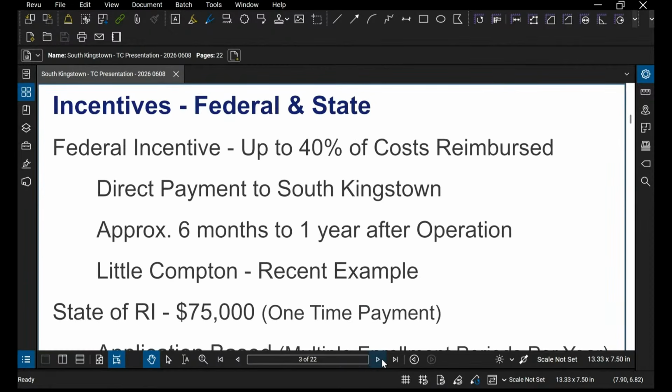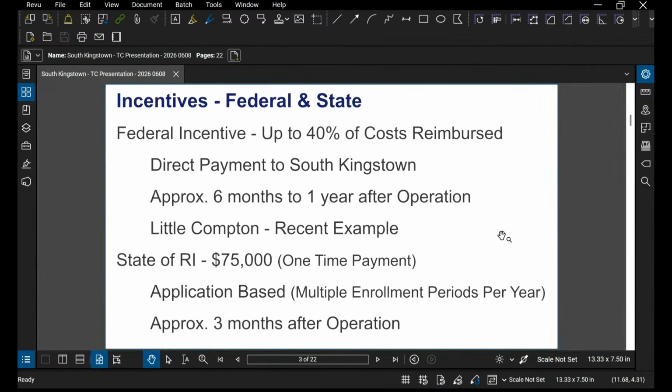With us tonight, we have Phil Conte. We also have a representative from Newport Renewable, a Wakefield-based business. We've been working with them to understand incentives that are available for the project, what some of the parameters are in order to qualify for them, and what the deadlines and timelines are.